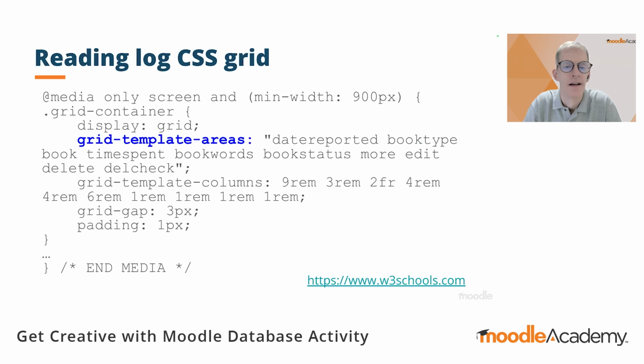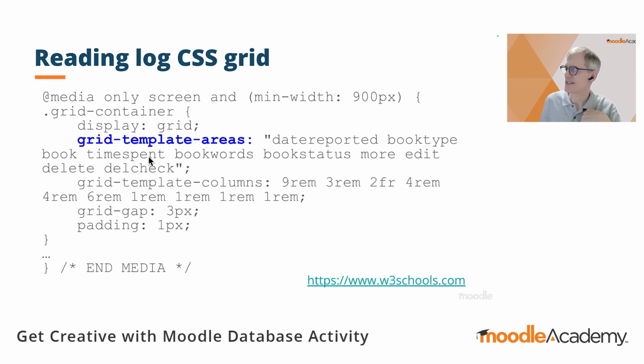Okay. All right, here is the CSS grid container definition for the weekly reading log. So this is the weekly reading log, my real world example. Have a look at the grid template areas. Okay. I reserved spaces for each of the fields in the database. So you can see in the grid template areas, you've got date reported, you've got book type, you've got book, you've got time spent.